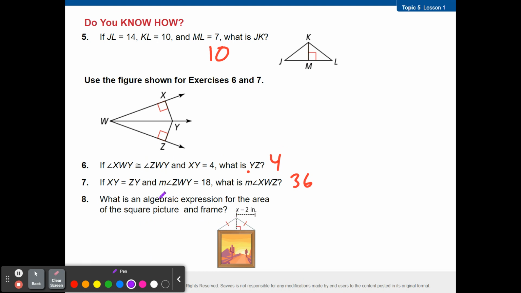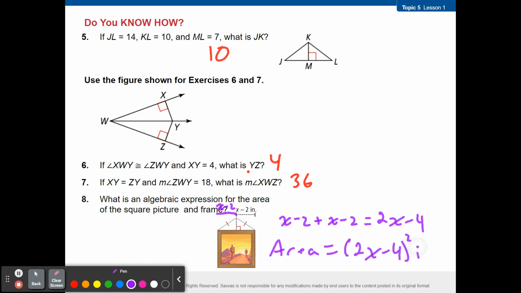So therefore, we know if that's x minus 2, this side is x minus 2. We know all sides are equal in a square. So we're going to have x minus 2 plus another x minus 2, which gives us 2x minus 4. But we're finding the area of the square, which means this is 2x minus 4, quantity squared. That's it.